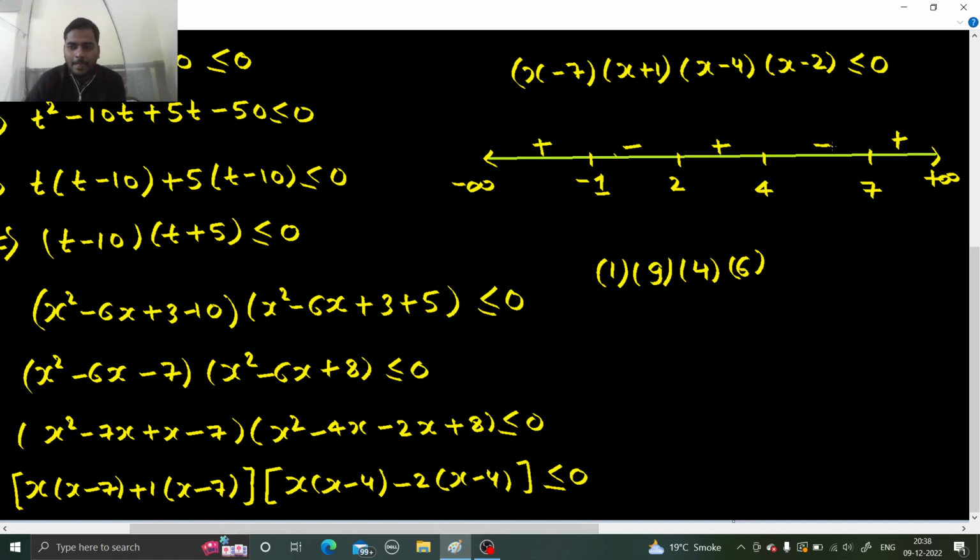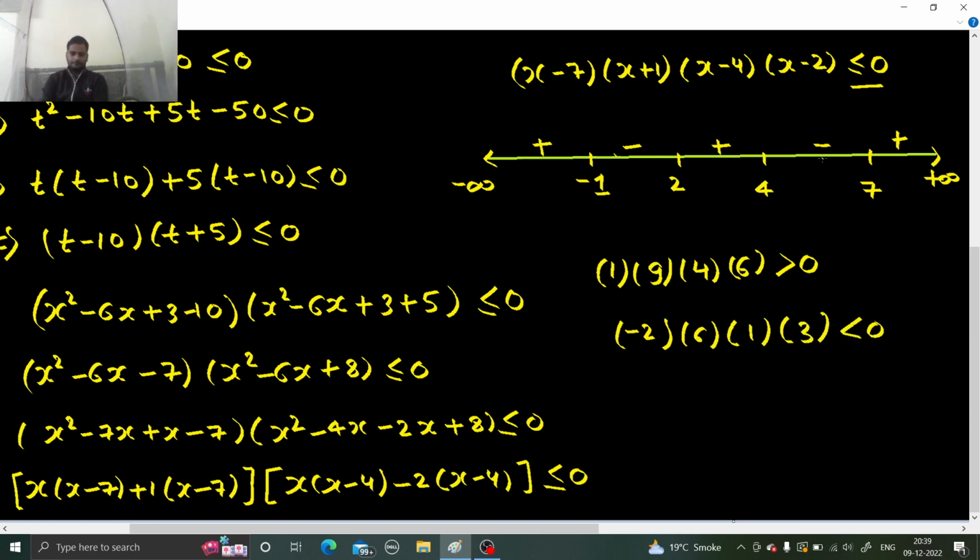Oh, I was always comparing this to this, but these signs are just for the expression. Comparing to this will give the final answer. This is of course greater than 0, so we write here plus. Then for this, let's take 5, so you'll get minus 2, 6, 1 and 3. This is less than 0, so we write minus here.